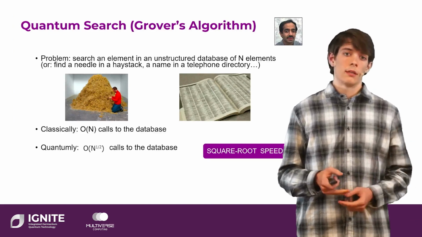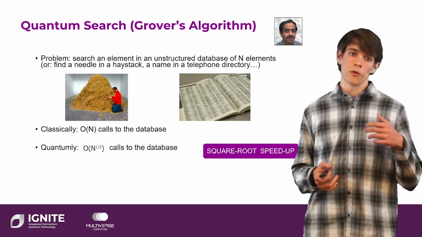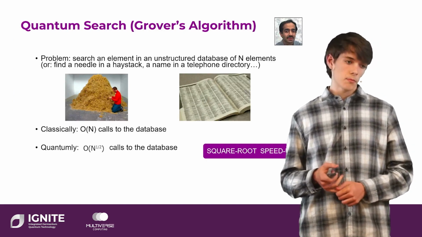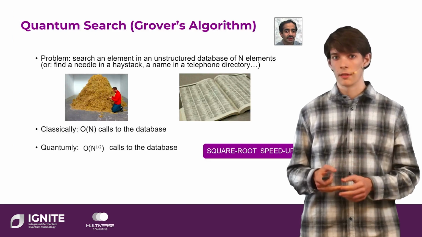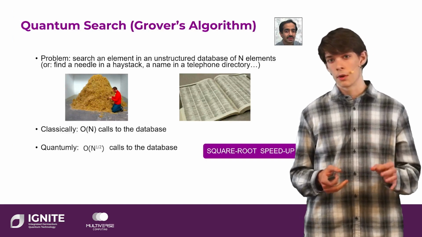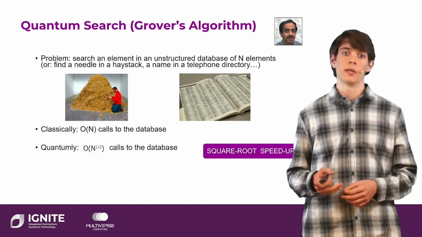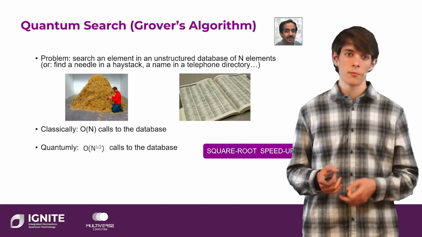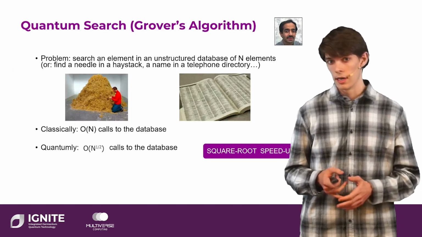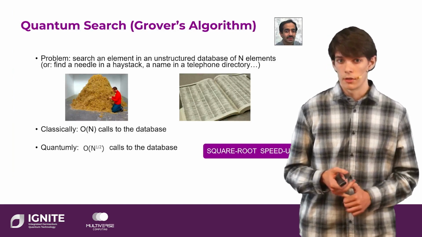In classical terms, you have to go for n calls to the database, in the sense that you have to check if every single element in your data list is the one you're looking for. The average could be n/2, because you could find that the correct one is the first entry, but you could also go for the last of it, and the average is n/2.